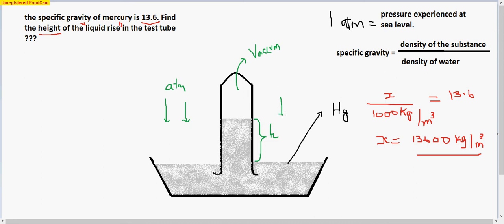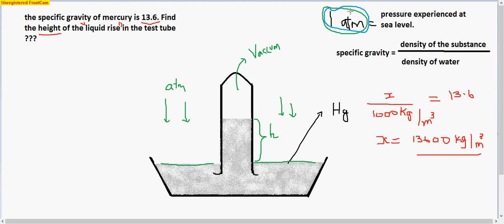This side also will experience the same. Now consider that we have placed this mercury at sea level in France. What will be the atmospheric pressure experienced over here and here? Okay, that's the pressure.